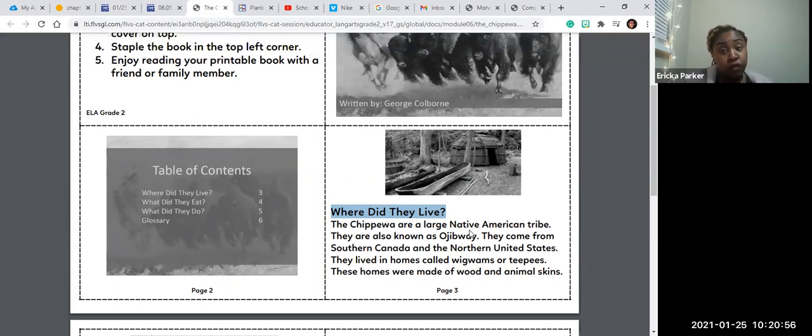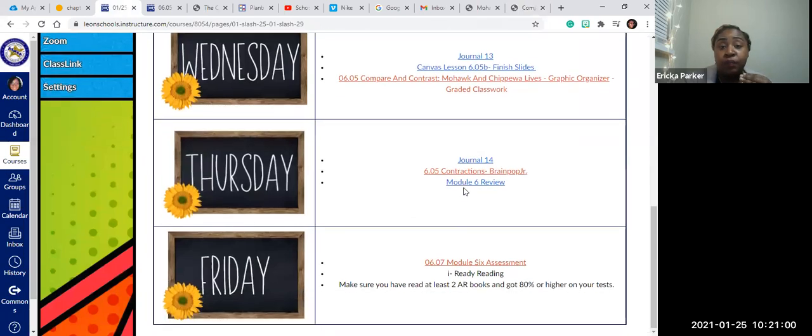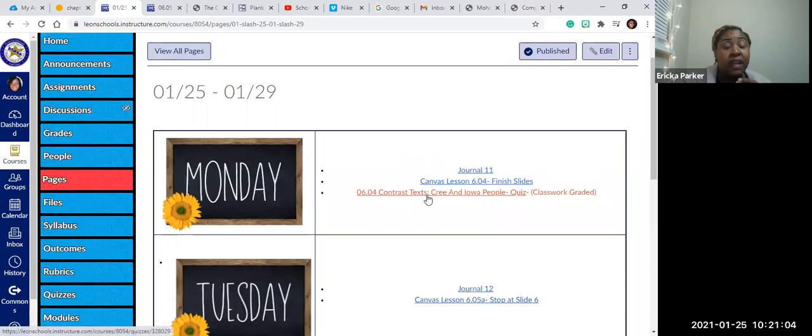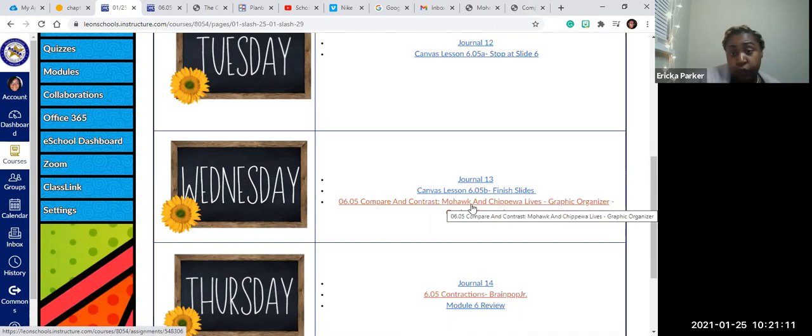This will be best for you to do because when you slide over here to Thursday, excuse me, this is for Tuesday, but when you slide over here for Wednesday, you are going to have to turn in the sheet with the differences and also the similarities between these two tribes.